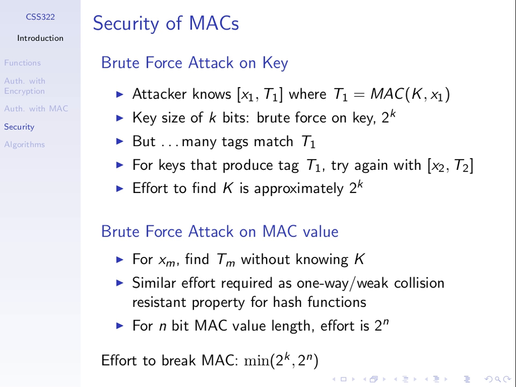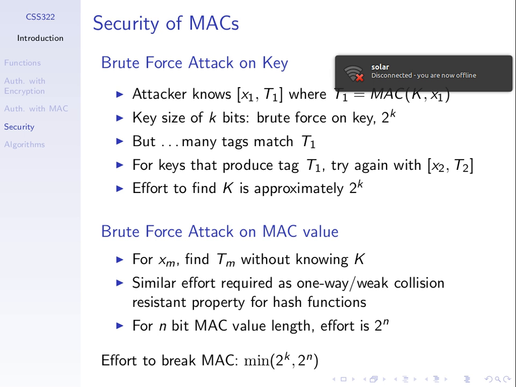We'd have to calculate 16 possible tags. On that same message M1, some of them will match this tag. And if they do, they give us information about what the key was used. Let's say this tag matches the one that we know. Then that indicates that the possible key that the original user used was K1.